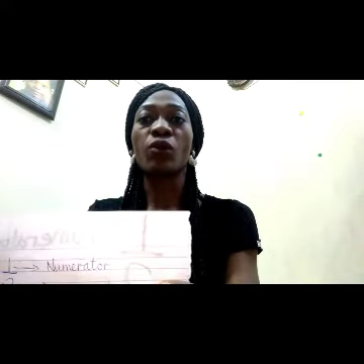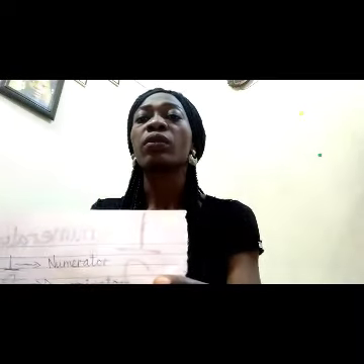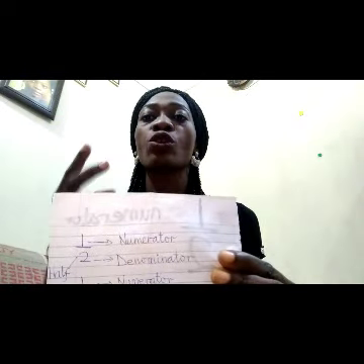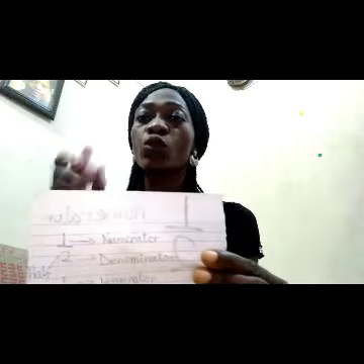Now, how many parts was that whole divided into? That single onion, which is the whole, how many parts was it divided into? It was divided into 2. So the number of equal parts the whole was divided into is what we call the denominator.